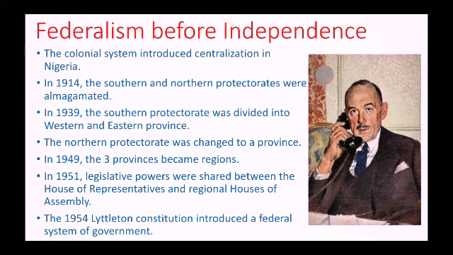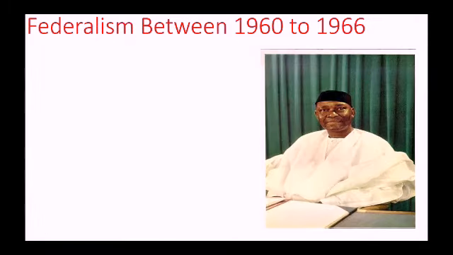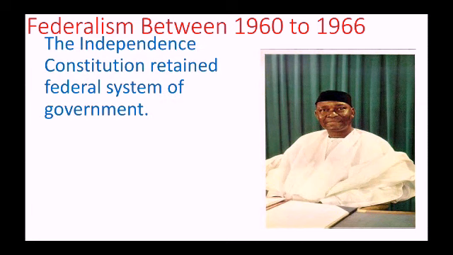Constitution. Let's look at federalism between 1960 to 1966. What transpired between 1960 to 1966? Of course, 1960 was the year Nigeria gained independence. So the Independence Constitution retained federal system of government.